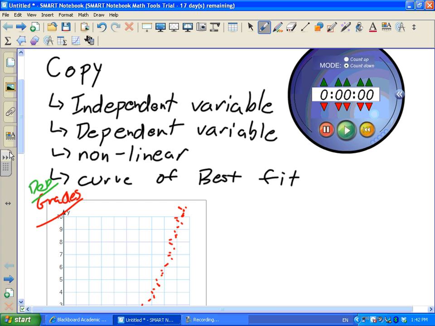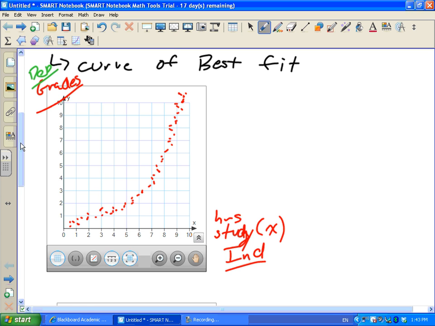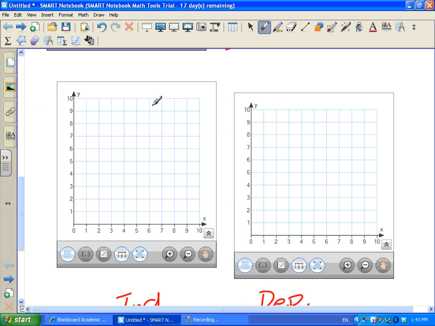Next, we're going to talk about nonlinear and curve of best fit. If you think back to grade 9, let's say we have a relationship like this. Would you say this relationship is linear?